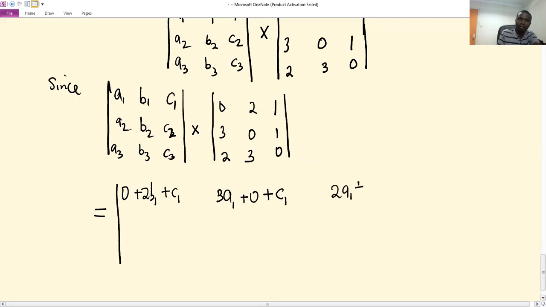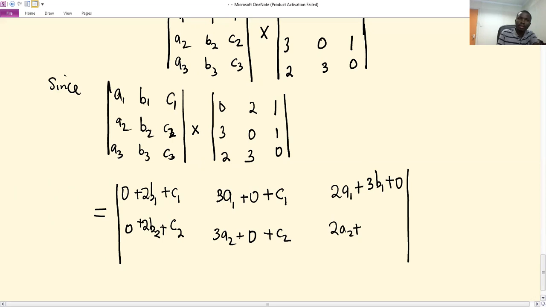So 2A1 plus 3B1 plus 0. This row times this row, so 0 plus 2B2 plus, this by this is C2. This by this will have 3A2. This by this is 0. This by this is C2. This by this will have 2A2. This by this is 3B2. This by this is 0.